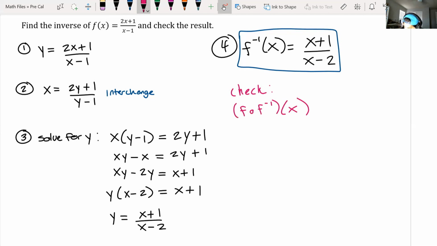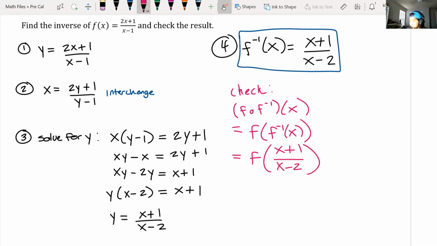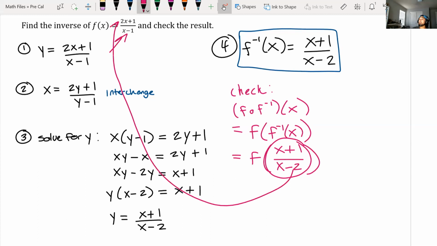Which means that we get f of the inverse of x, which means we get f of our new inverse, x plus 1 over x minus 2. Now remember, all of this is going to be plugged in for every x into the original function.